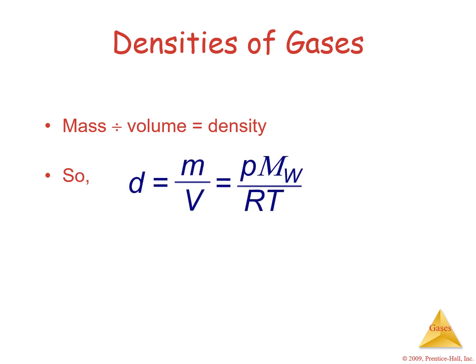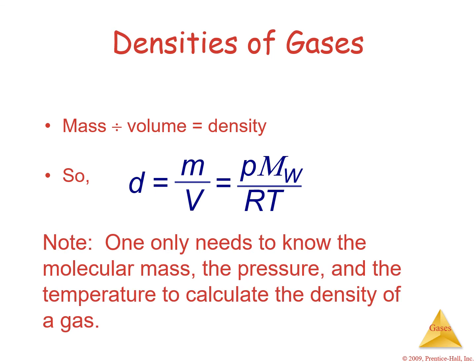So density D equals M over V, and as we saw in the previous slide, applying PV equals nRT connects it to the gas variables as pressure times molecular weight divided by RT.